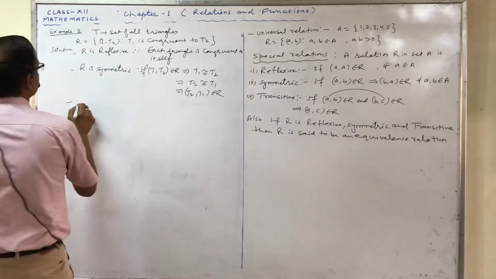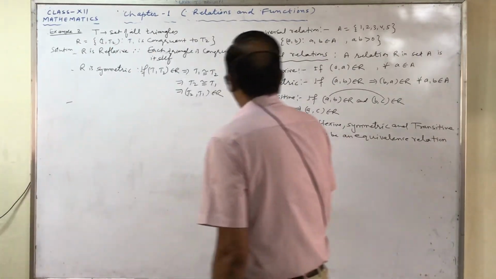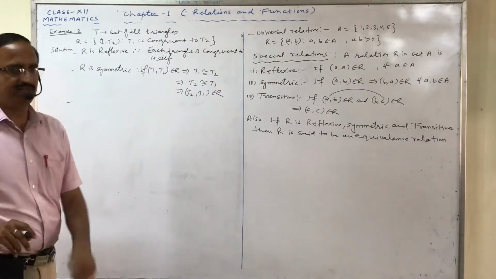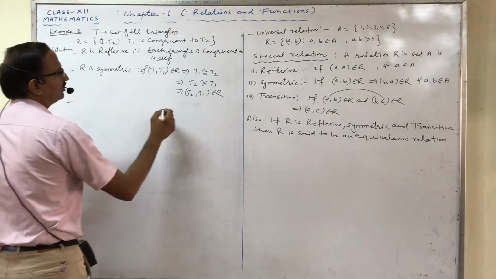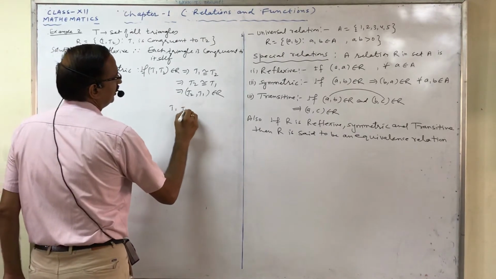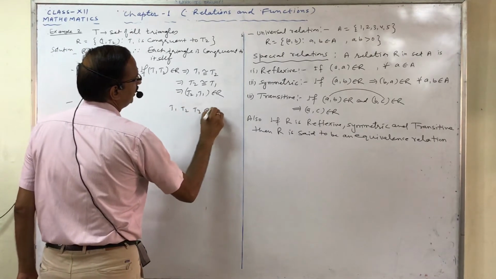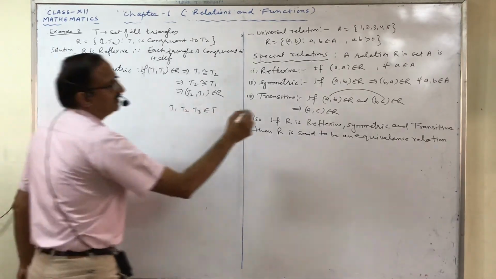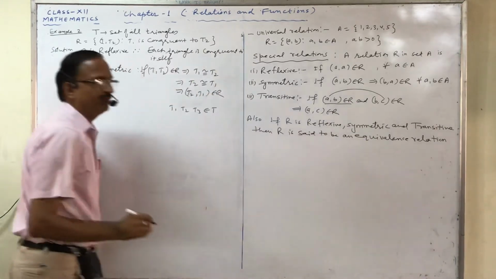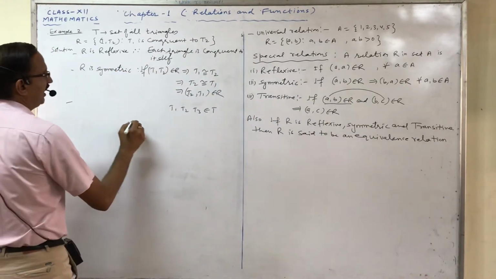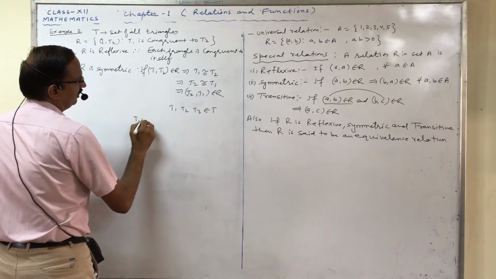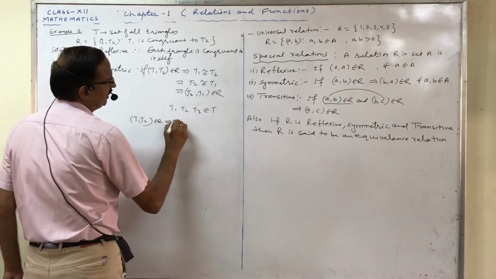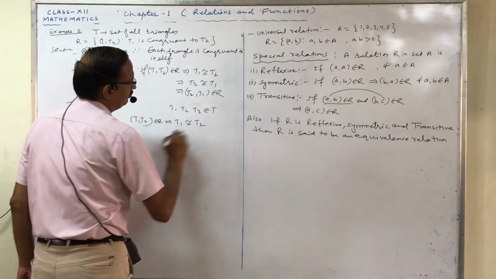Now the third, we will check transitivity. For this we need three triangles. So suppose T1, T2, T3 belongs to T. These are the three triangles. First condition, AB belongs to R. So we will write T1, T2 belongs to R. This implies that T1 is congruent to T2.